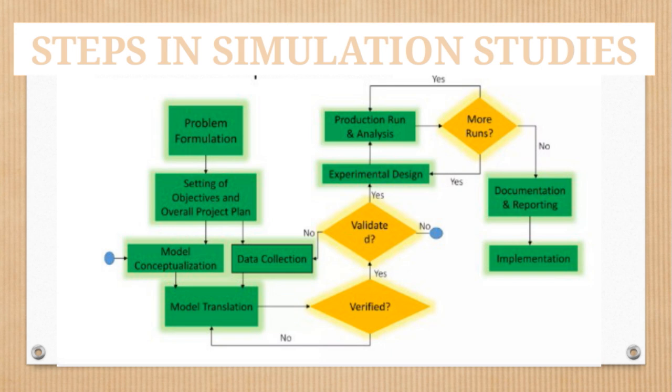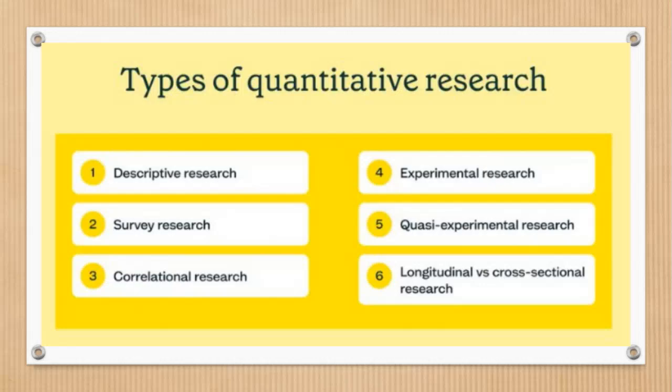We also evaluate the robustness of our findings by running multiple simulations or sensitivity analyses. These steps ensure that our simulation study is thorough, reliable, and meaningful, tying back to our overall goal of understanding complex systems through modeling.